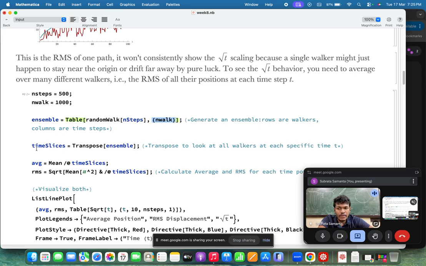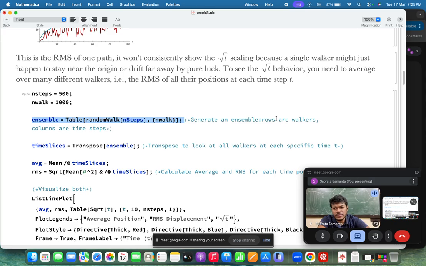Now if you transpose this, you get your time slices, because once you transpose, your rows become columns, and the columns are now the time stamps. In this ensemble, each row has a different path, and the columns are the time stamps, let us say 10, 20, 30, 40 up to 100, a gap of 10.